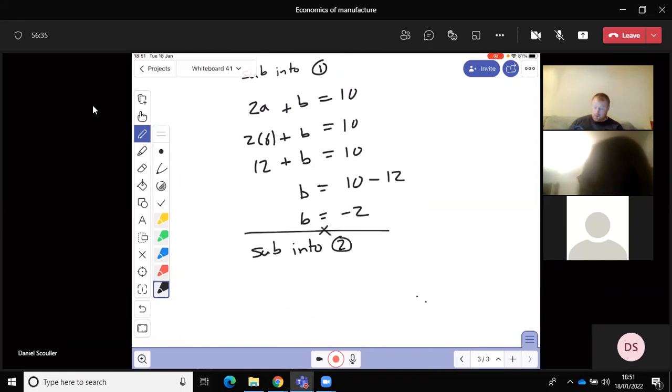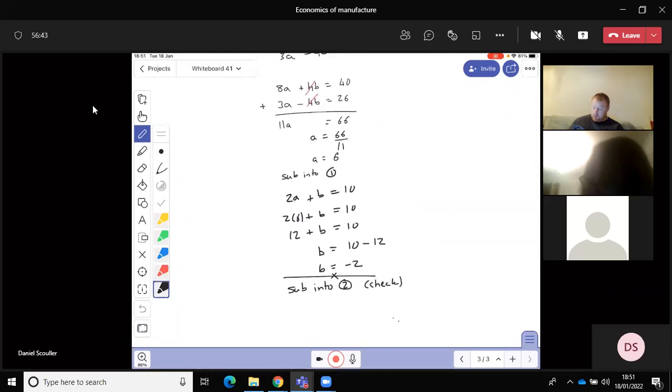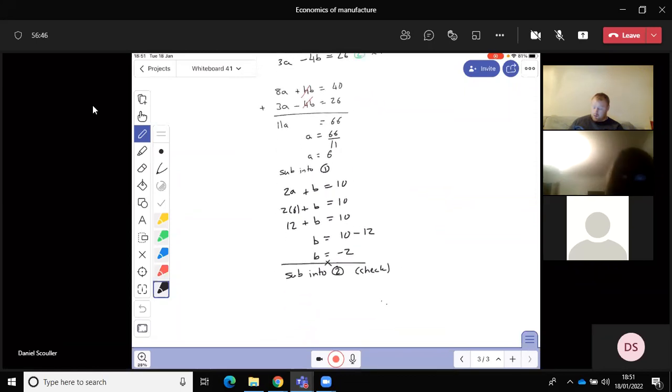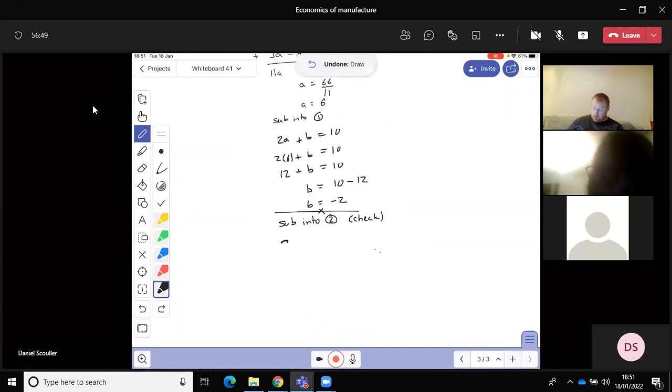Okay, so that's the end of the question. I'll sub that into 2 to check. Sub b equals minus 2 into equation 2. So that's 3a minus 4b equals 26. 3a minus 4 times minus 2 equals 26. Minus 4 times minus 2 is going to be plus 8.